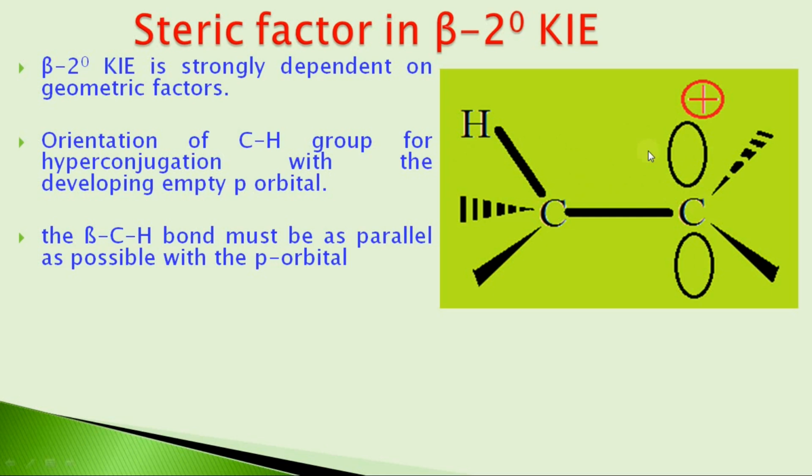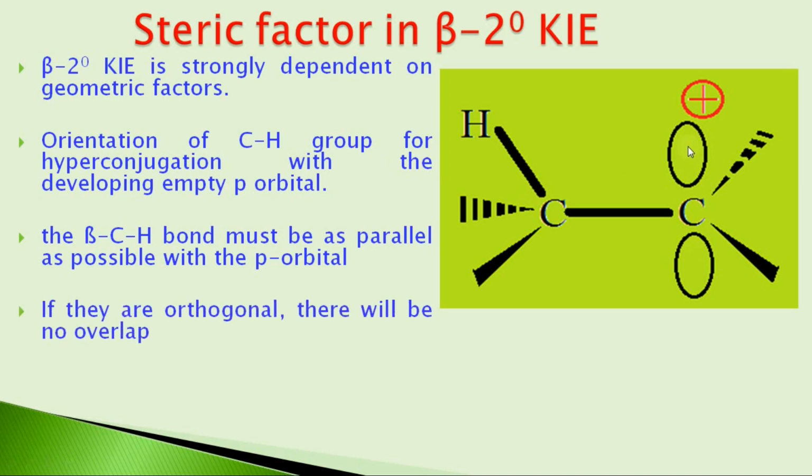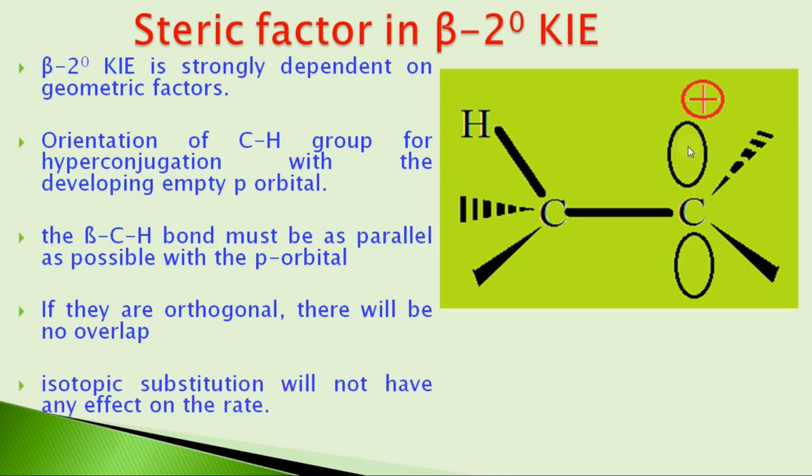This is known as hyperconjugation. But if this CH bond is not parallel with this empty p orbital, if it is orthogonal to the empty p orbital, then there will be no overlapping. No overlapping means no hyperconjugation, no stability, and no observation of beta secondary KIE.